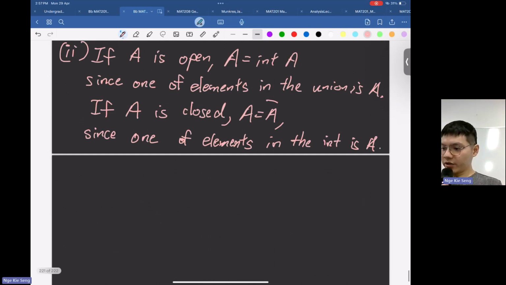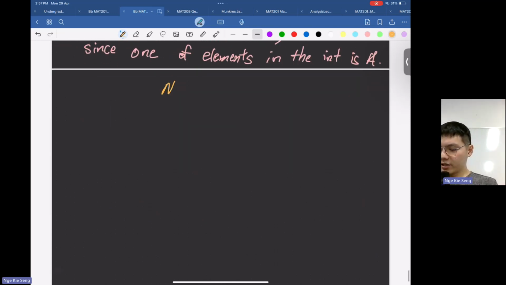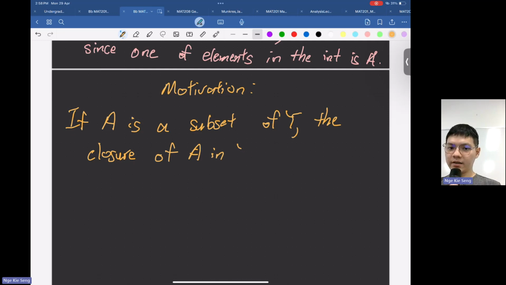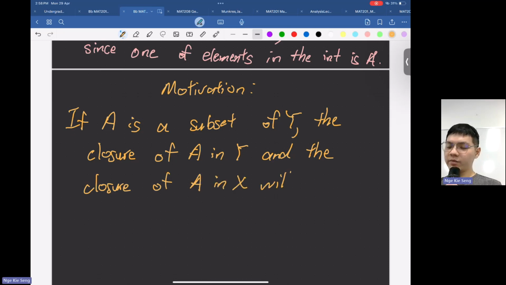So another motivation I gave before we drill into the theorem. If A is a subset of Y, the closure of A in Y and the closure of A in X will in general be different.